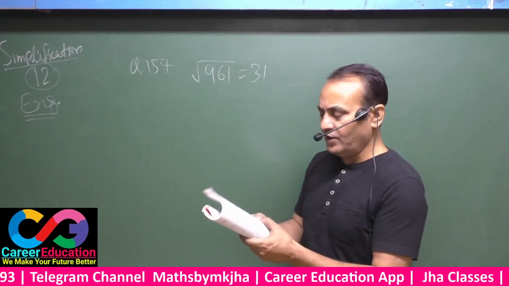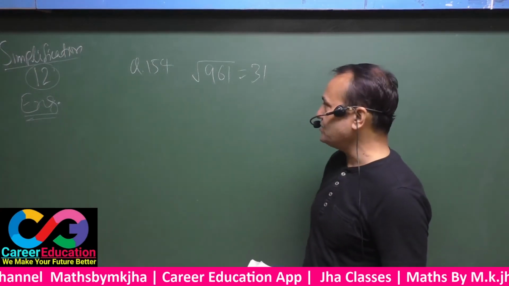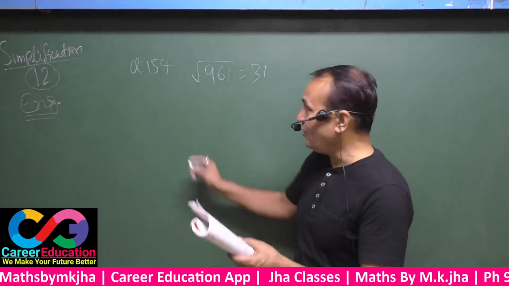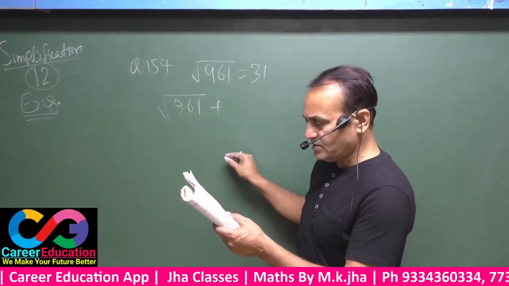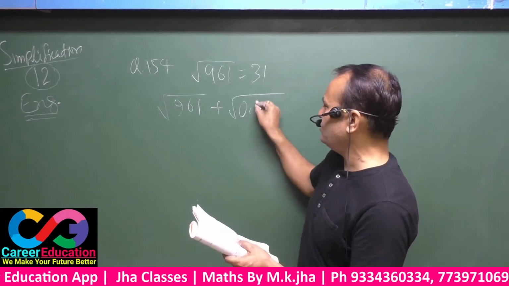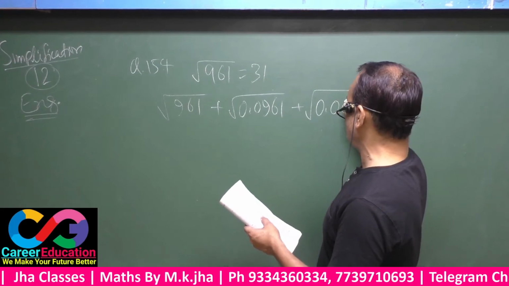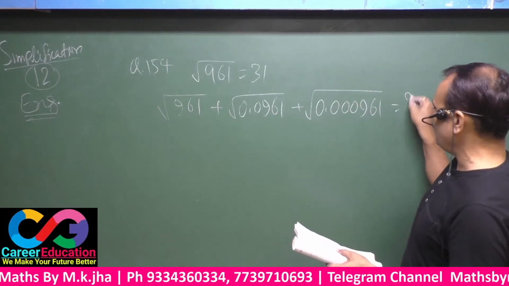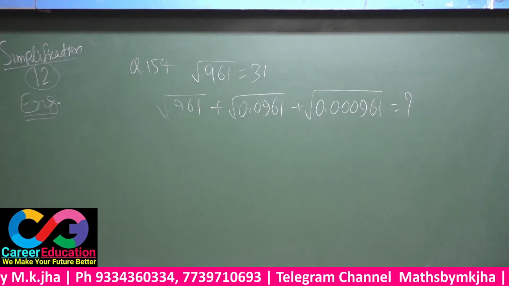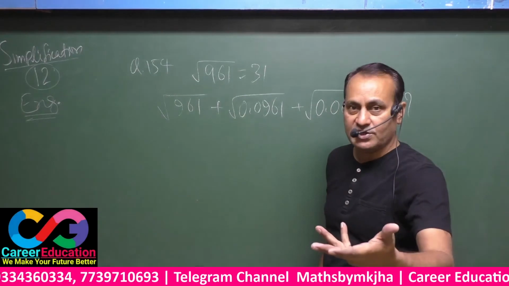If the square root of 961 is 31, certainly 31 square is 961, then you have to answer this situation. That means the square root of 961 plus the square root of 0.0961 plus the square root of 0.000961 equals what? In such situations, always the decimals will be on even positions.